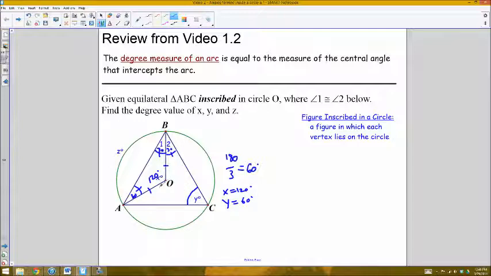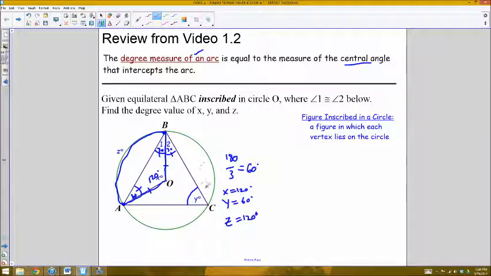Finally, since X is a central angle and it intercepts arc AB, and the degree measure of an arc is equal to the central angle that intercepts that arc, Z will have the same degree measure as X, meaning it's also 120 degrees.